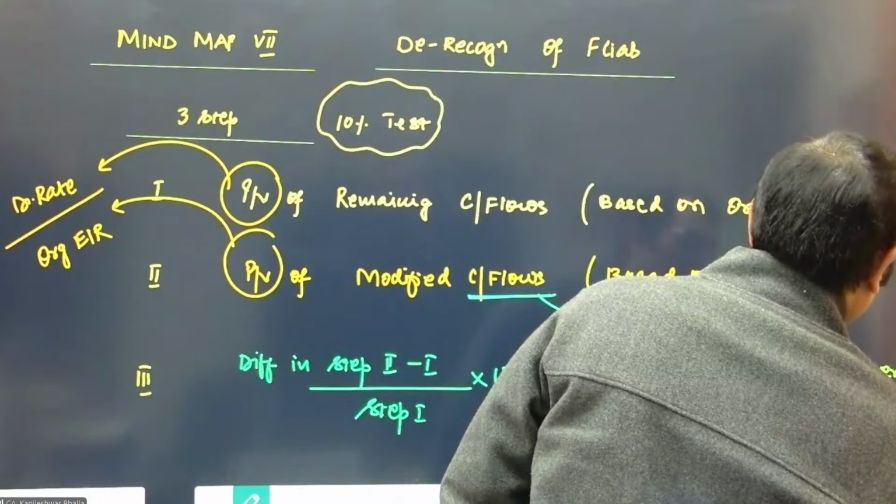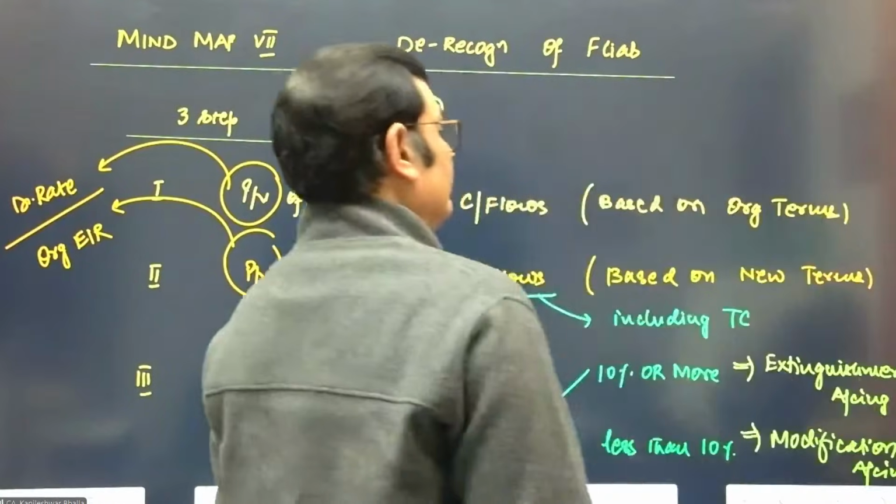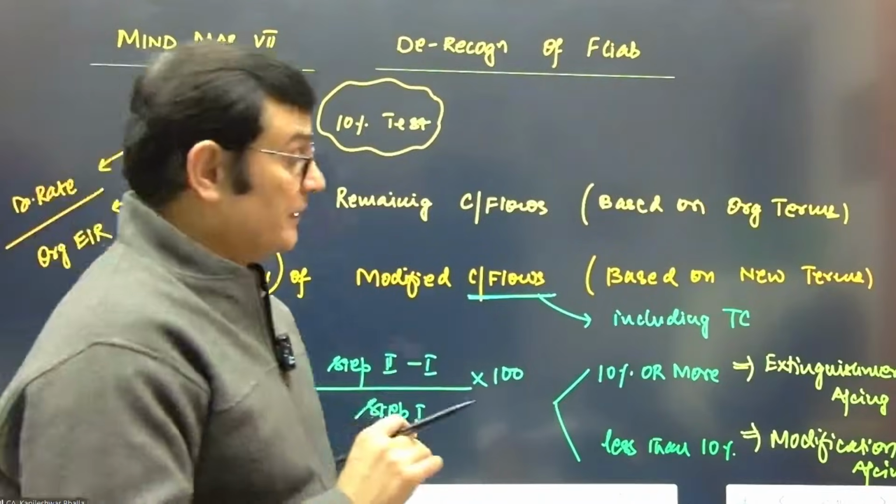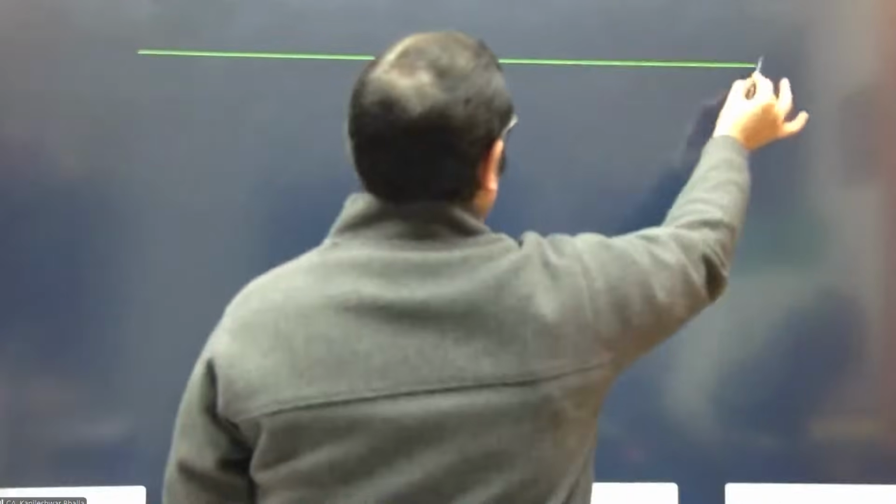So the focus we need to keep in mind is that this 10% test will only decide the kind of accounting to be applied. Once you've decided on the kind of accounting, only then can we progress further and apply the two accountings. Now, let's see what the inputs are once you decide modification or extinguishment accounting.